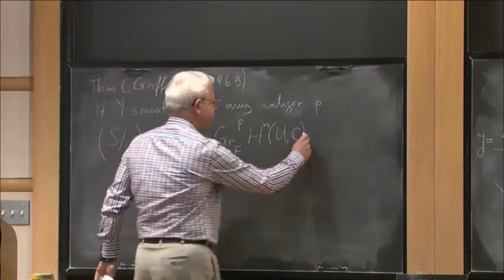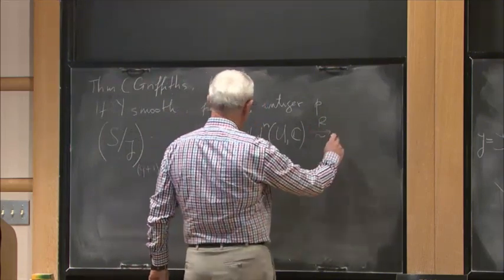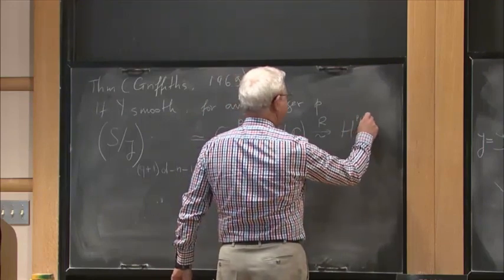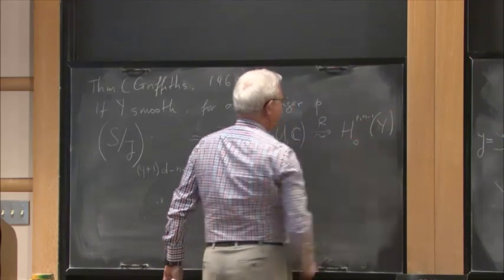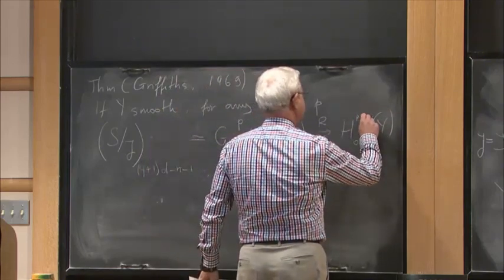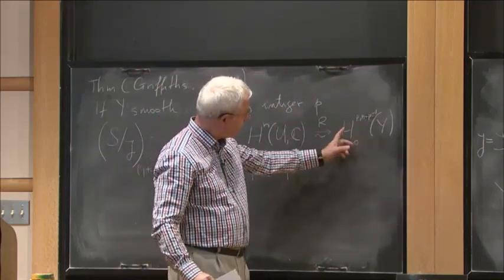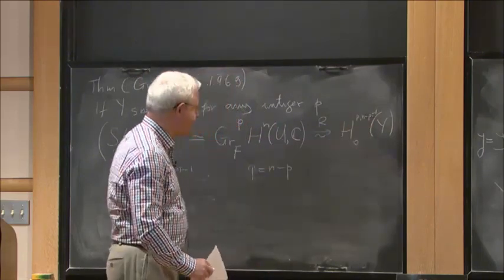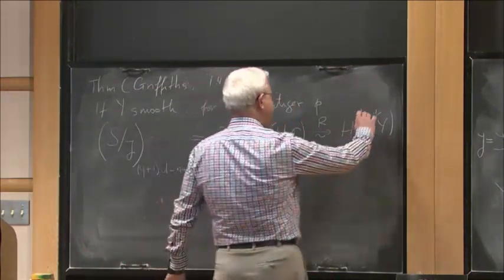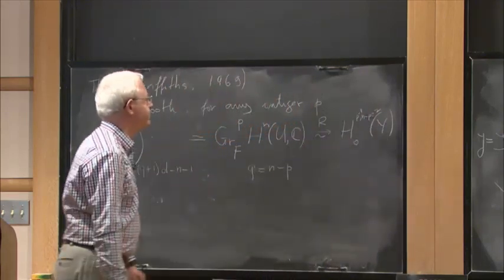But Griffiths stated it in the following way: if you take the residue here, this residue gives you an isomorphism of this with this (p,q) cohomology space in the primitive cohomology of the smooth hypersurface in P^n minus 1.